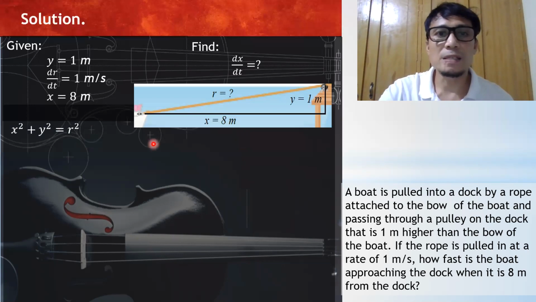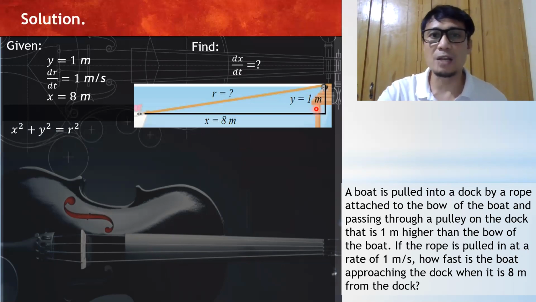And you will notice here that y is actually a fixed value, meaning even if your x changes with respect to time and your r changes with respect to time because you are pulling the rope, right? You're pulling the boat with the rope attached to it.